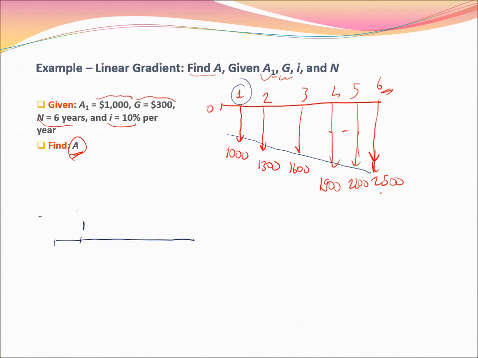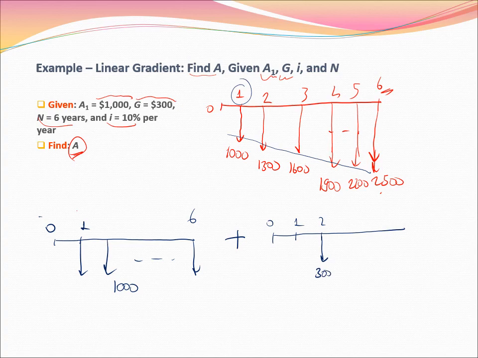In the first one, I will have this A1 amount, the same amount until year 6, which is 1000. And I will add the second cash flow starting from 0. In the first period there is nothing. In the second period there will be a 300, and it will increase up to the 6th period by an amount of 1500.